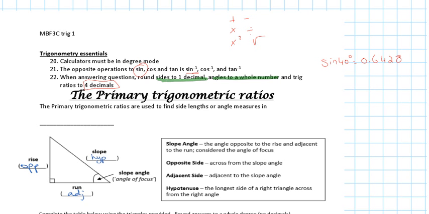Sorry, what's a trig ratio? Trig ratios are whenever you do sine of an angle. They're called trigonometric ratios, okay? Sine, cosine, and tan, that's their name. All together, we call them the trigonometric ratios, okay? And then we're going to talk about what they are.